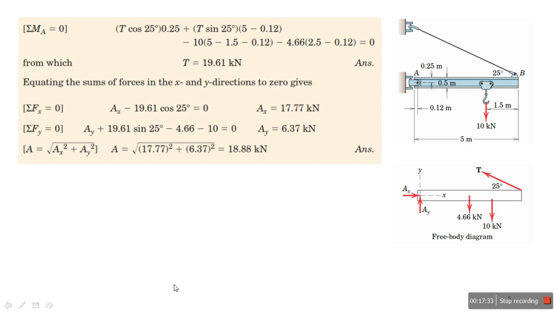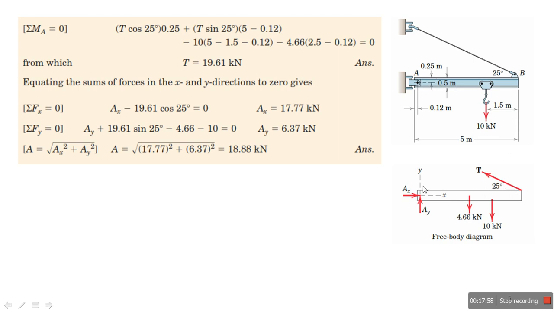Now you can see here the summation of moment about A is equal to T cosine 25 component, multiplied by 0.25. Why? Because the distance from this point to that point is equal to 0.5 meter, and in the middle I have 0.25.